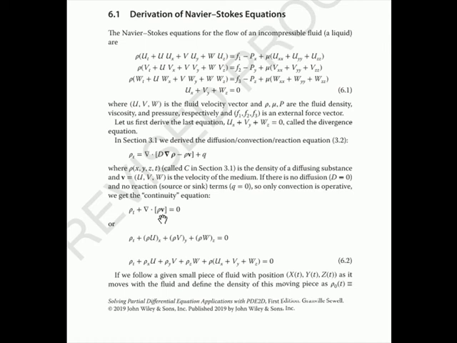Now if you expand this divergence out, right now we're not assuming that density is constant. Density is assumed to be a function of x, y, z, and t now, just like in Chapter 3. We haven't assumed that it's an incompressible fluid yet. Even if it's compressible, this will be satisfied. So this is basically the convection equation from Chapter 3 with an external velocity field v and no sources and no diffusion.